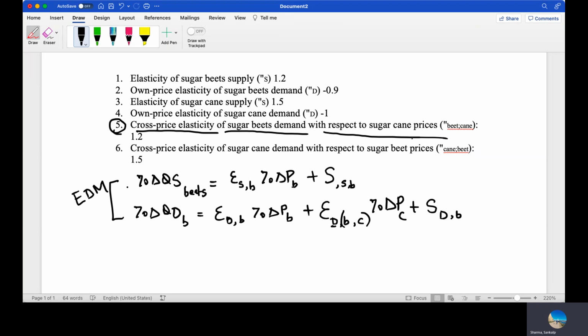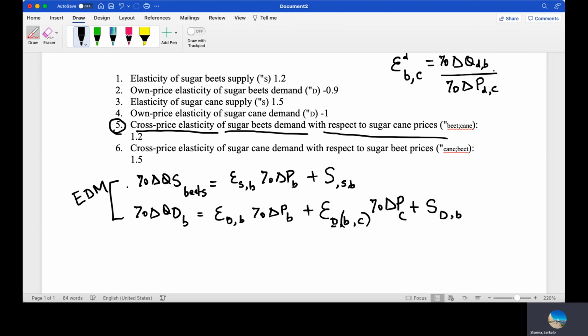So if you look at the cross price elasticity of demand for beets to cane, the term that is here is nothing but the percentage change in quantity demanded of beets, QD beets, over the percentage change in the price of cane, C. So that's essentially what the cross price effect is.